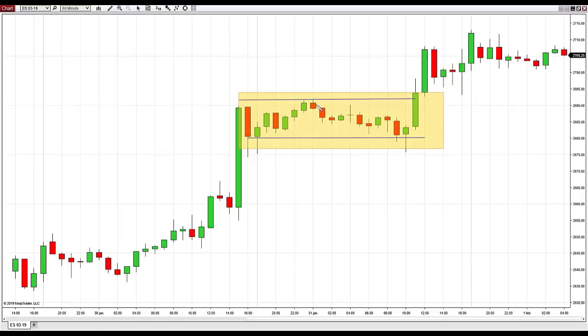There will be frequent candles that penetrate the line, but they would reverse and close back inside. There could be numerous candles like this, but they would all close here back inside this range. And this range, here you would have resistance, and here you would have support.